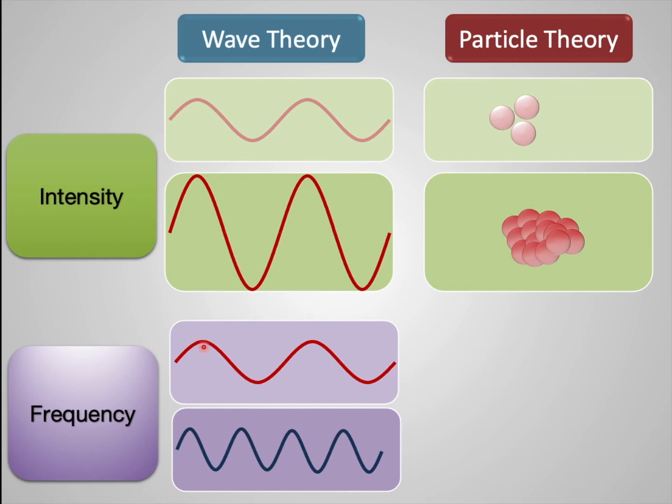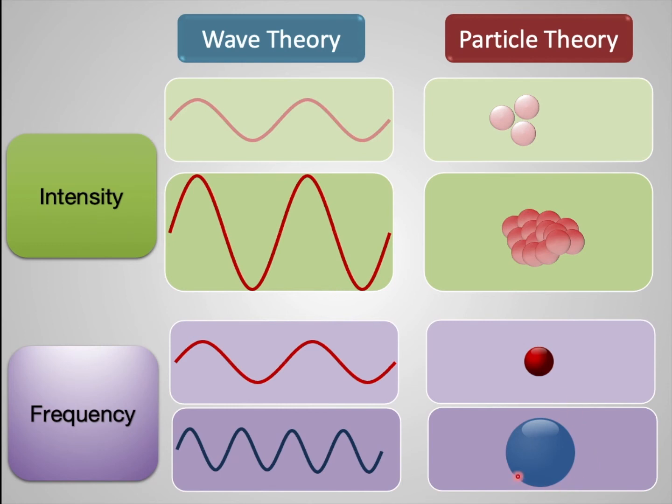Each wave is not becoming energetic. Instead, now there are more waves per second. That's what you call frequency for the wave theory. But for particle theory, frequency has a different meaning. For example, if this is a low frequency photon, this is a high frequency photon. Individual photons become bigger. So the kinetic energy given to the electron also will increase when you increase the frequency.